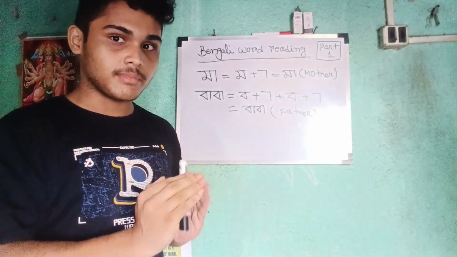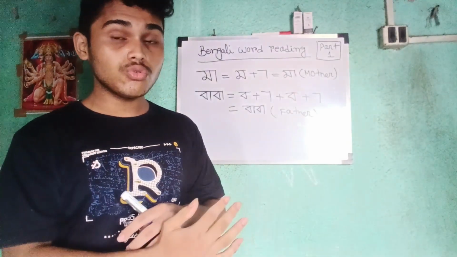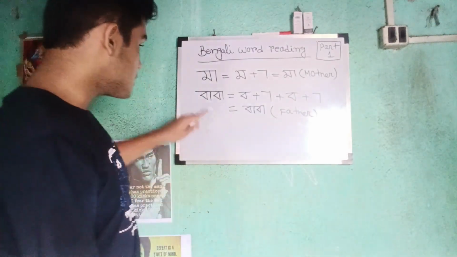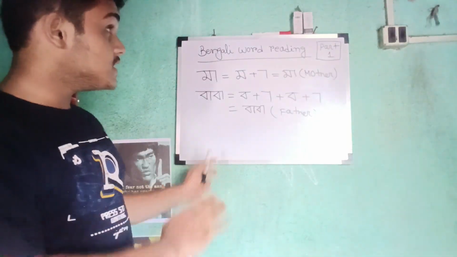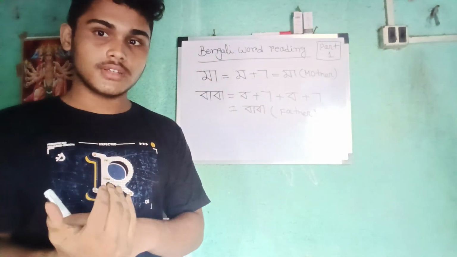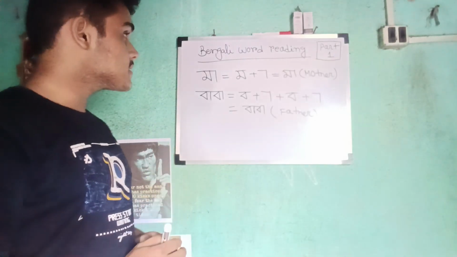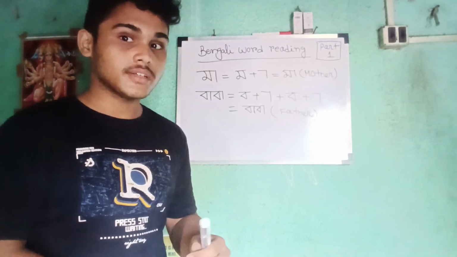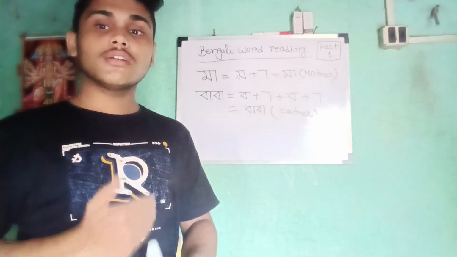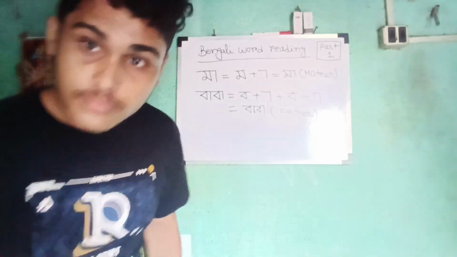I am the teacher who is teaching you how to use these vowels and consonants to form a word. I am teaching you how to read those words. But if I only do these things, you will not be benefited. So you have to practice with me.